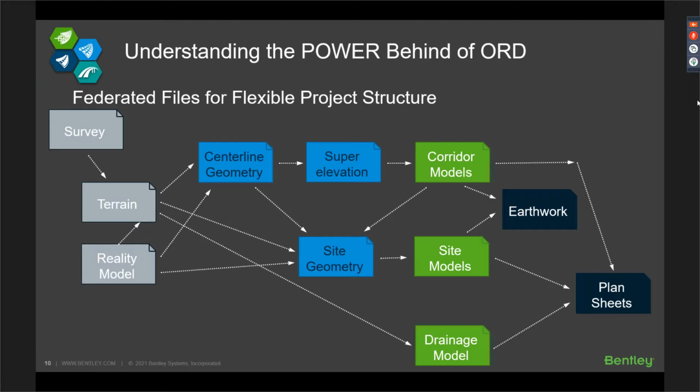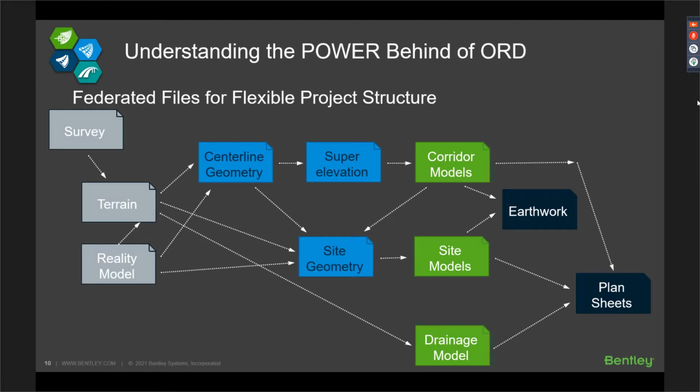So if your organization has yet to use Bentley's connected data environment platform, which is ProjectWise, ORD can still effectively manage your engineering data by just simply referencing, managing your data in a per DGN manner. The boxes that you see in this slide represent a DGN file, which are then referenced by another DGN in order to show its content or utilize the information in that file in the next step of your design workflow.